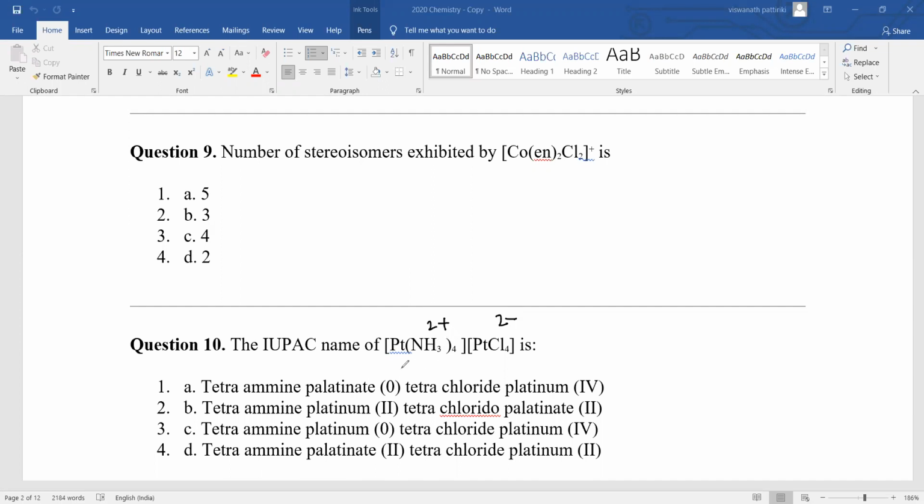So there will be no change in the central metal atom. And this is chlorido, and this is amine. So tetraammineplatinum(II) tetrachloridoplatinate(II). So this is the right IUPAC name for this one. Okay. So the second one is the right option.